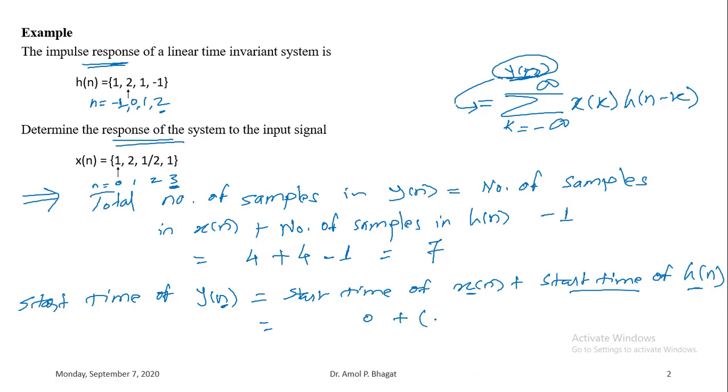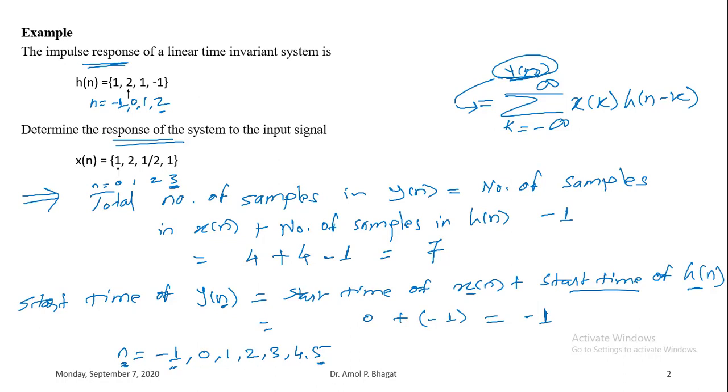So 0 plus minus 1 will be minus 1. So your y of n will start at n equals minus 1. After the minus 1, 0 time unit will be there, then 1, then 2, then 3, then 4 and 5. So it will start at n equals minus 1 and end at n equals 5.